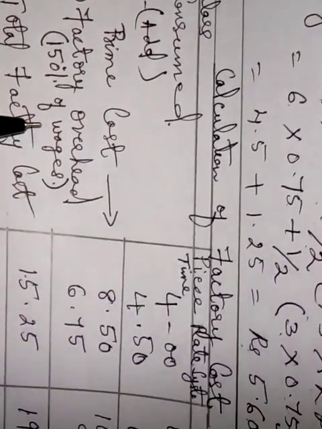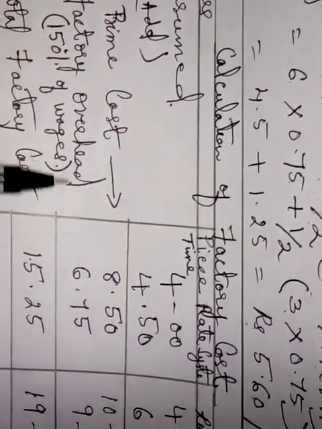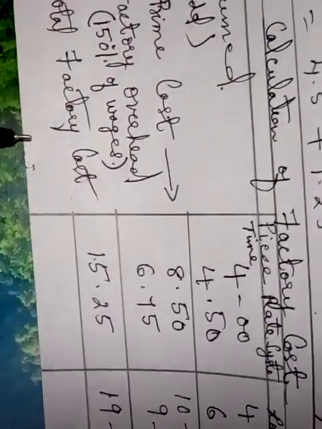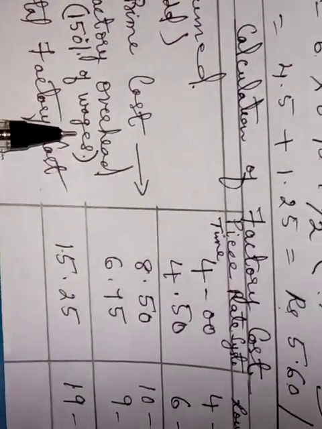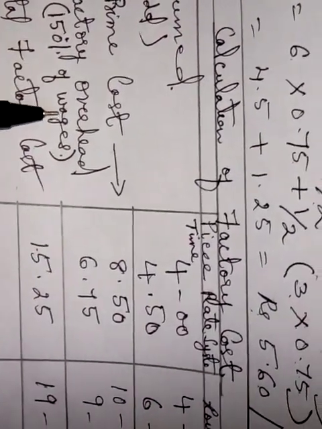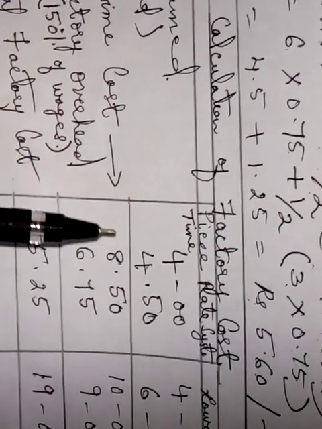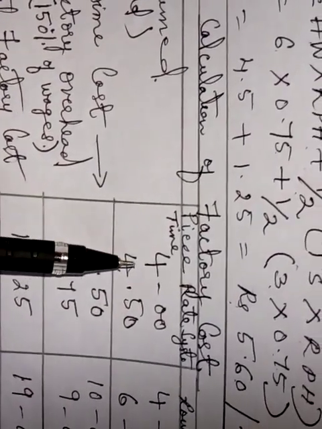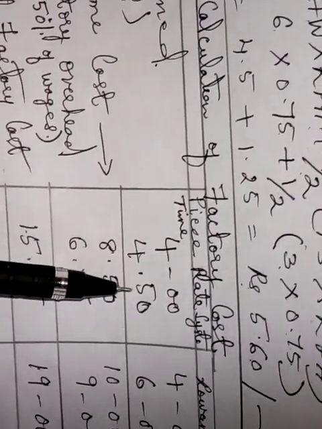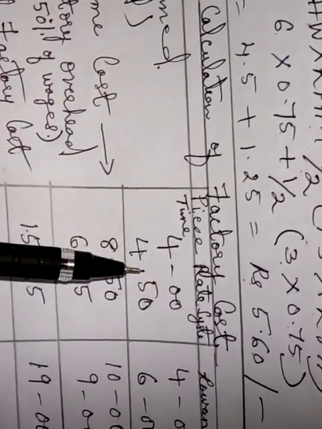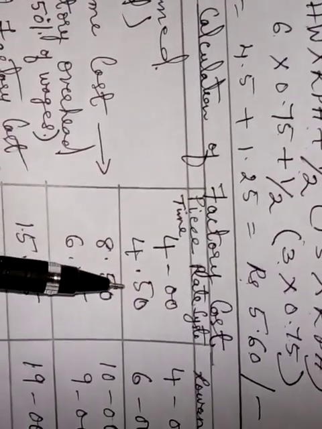Next we need to add indirect expenses, which are known as factory overheads. In the problem it is given that we have to take 150% of the wages. Wages here are the earnings calculated under the various methods.